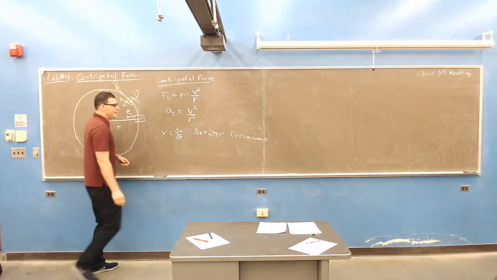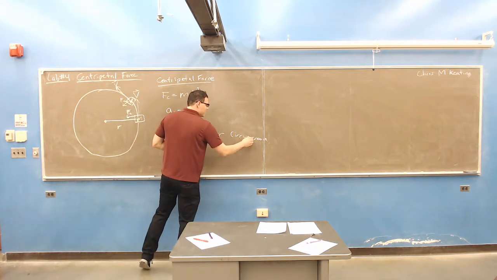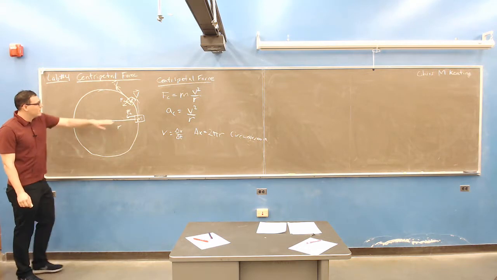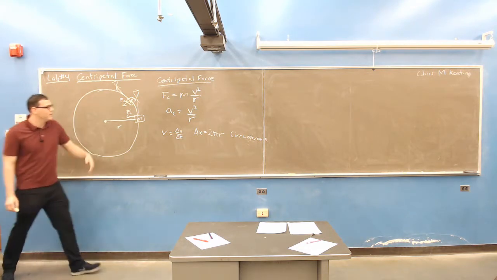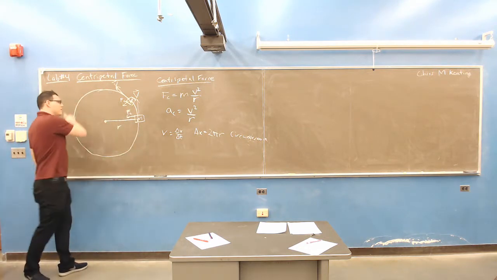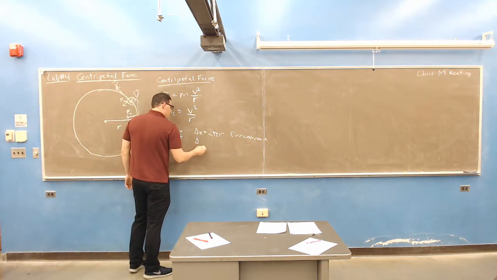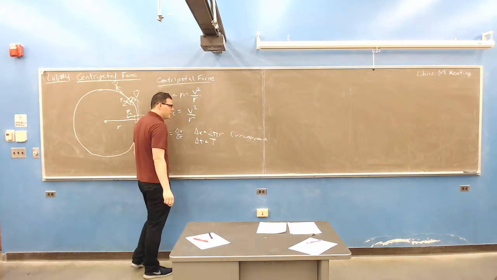So that's 2 pi r, as you guys remember. And then how long does it take to go around the circle? 1 period. So delta t, we use capital T for the period.